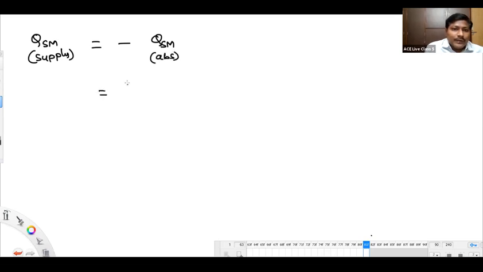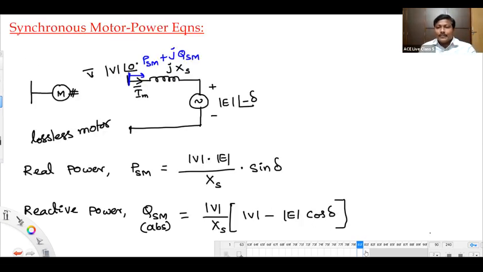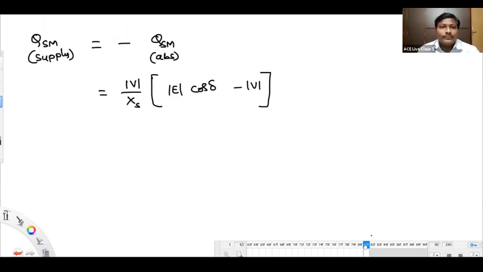So this will be mod V by XS first term, and then mod E cos delta minus mod V, like this. This is QSM supply. It is an approximate equation only, by neglecting losses.